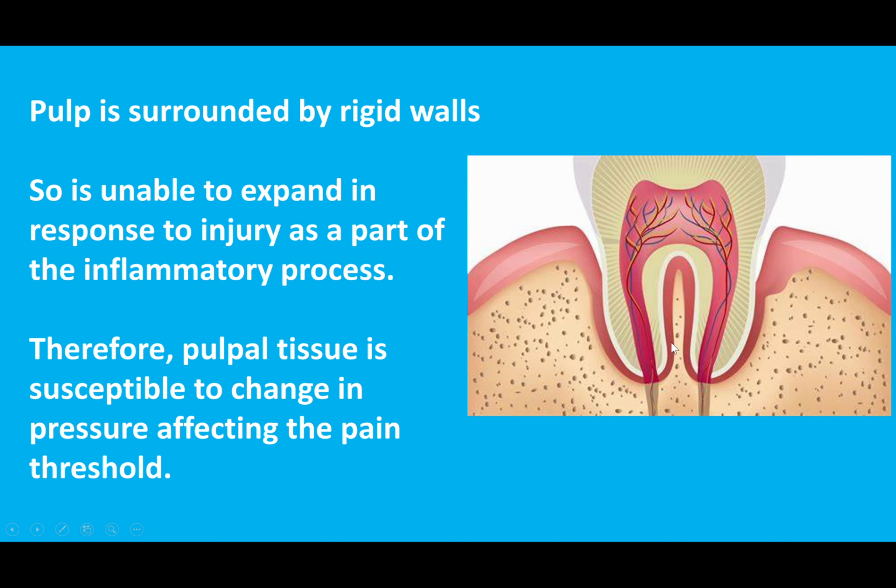So this is one of the features that distinguish pulp from other tissue: its inability to expand after inflammatory process, because of the rigid wall surrounding the pulp. All of the pressure as a result of inflammatory process is over the nerves, which makes it worse for the patient because the pain is very high because of the pressure.